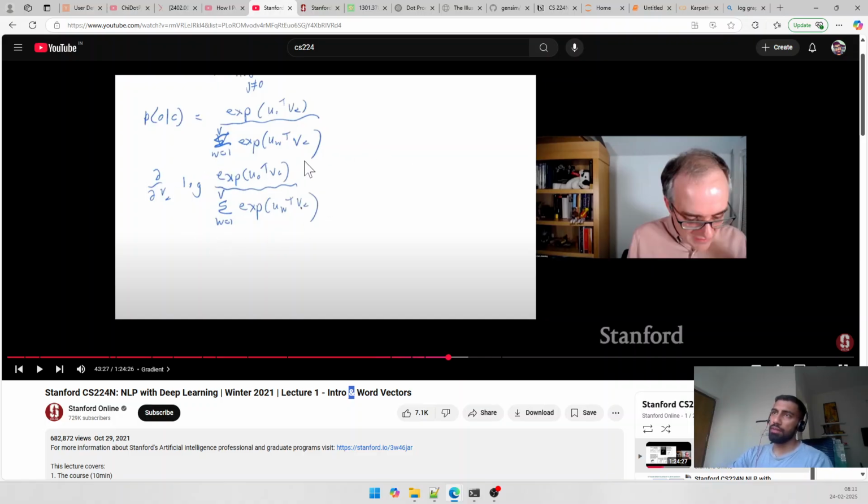The way we have defined loss is log of this probability here, and we are trying to see how this loss is impacted by the input vector. If it sounds a bit confusing, we'll go through it again when we implement this, taking it a bit step by step and seeing how it is done.